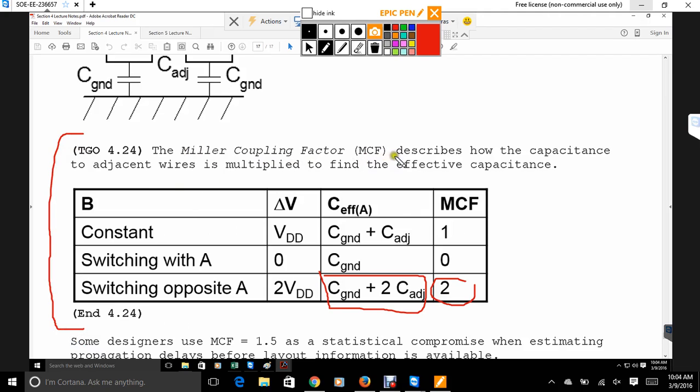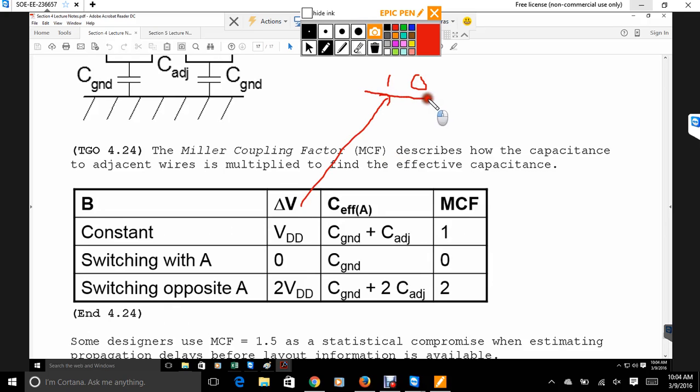The Miller coupling factor describes how the capacitance to adjacent wires is multiplied to find the effective capacitance. So you have 2 wires switching. Either they just stay the same and you have some sort of effective capacitance, or it switches with A. So let's say we have a situation where A is 1 and B is 0, right? So the difference in voltage is the supply voltage.